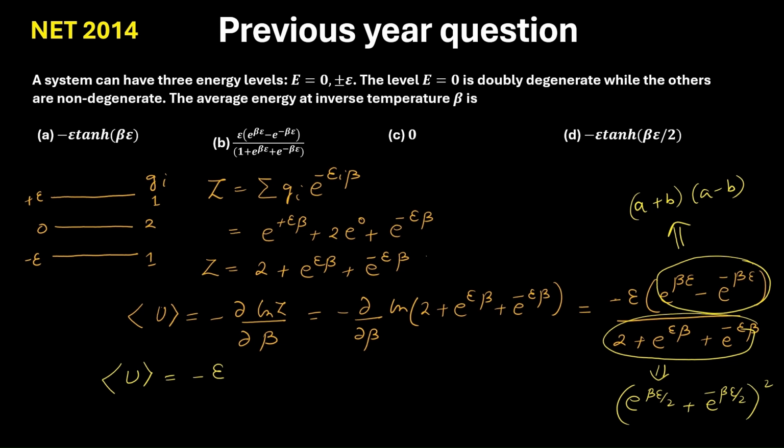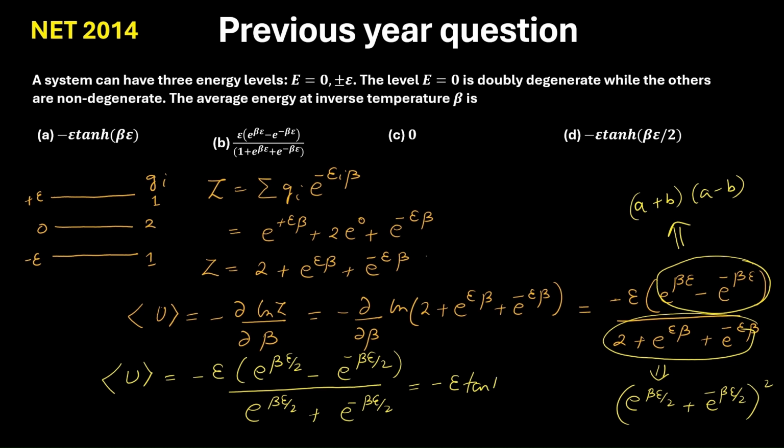If you substitute, one of the terms will get cancelled out and you'll get this expression: e to the power beta epsilon by 2 minus e to the power minus beta epsilon by 2, divided by e to the power beta epsilon by 2 plus e to the power minus beta epsilon by 2, times minus epsilon. The numerator is a sine hyperbolic function, and the denominator is a cos hyperbolic function. So this will be tan hyperbolic of beta epsilon by 2. So this is the answer. I think it is matching with option D.